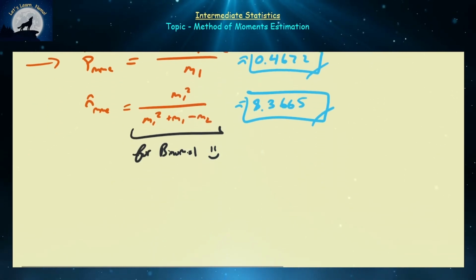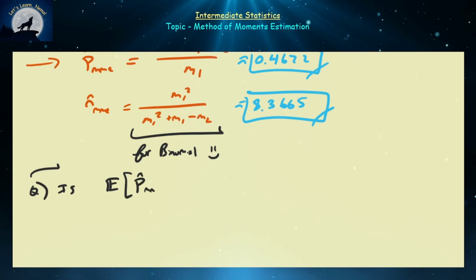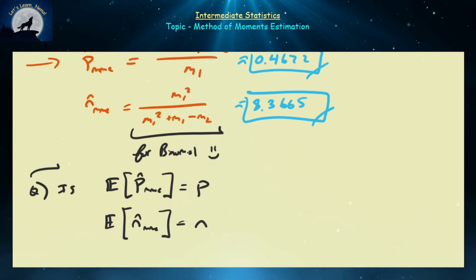Right? Now, a very interesting question that I leave for you is whether the expected value of p hat MME is equal to p, and whether the expected value of n hat MME is equal to n. I leave this exercise for you. I'm just going to give you a little spoiler alert.